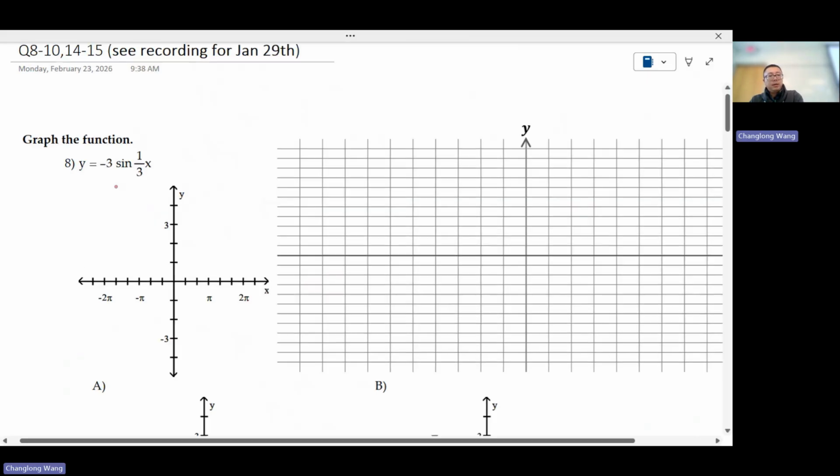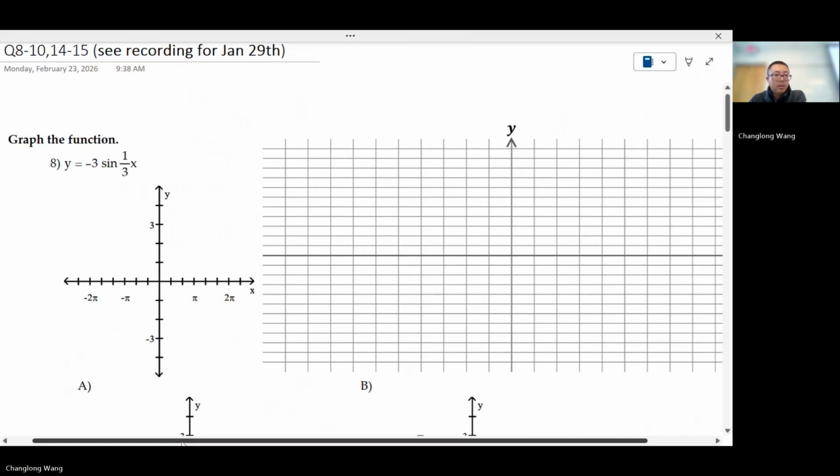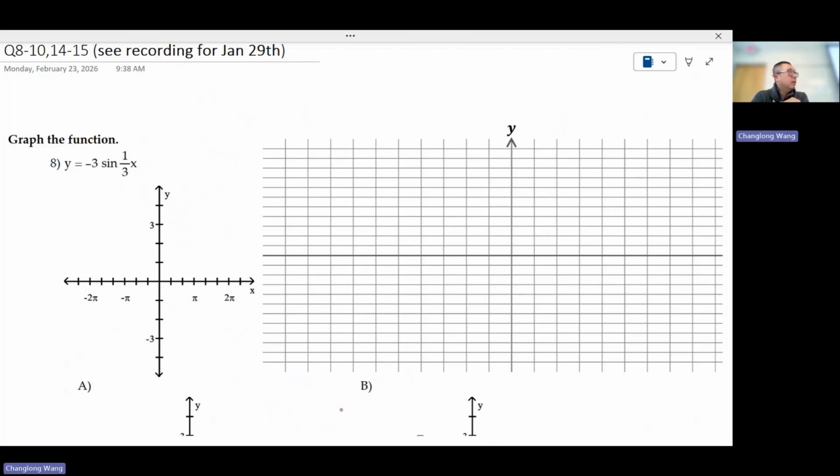So if you take a look at number 8, can you imagine what the graph should look like? Amplitude is 3, right? Then what about the negative sign? Flipping it, right? But I guess the hard part is, what about the 1/3?